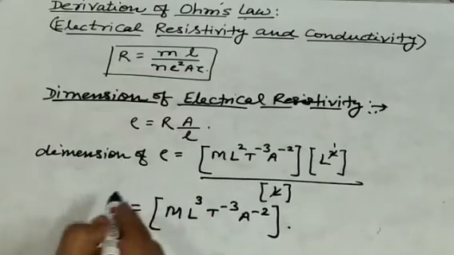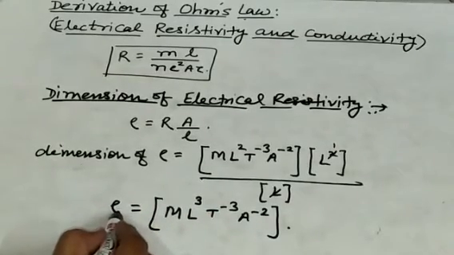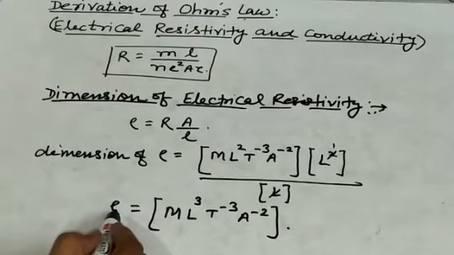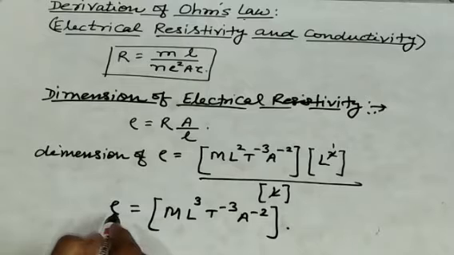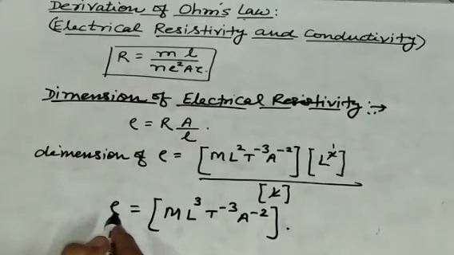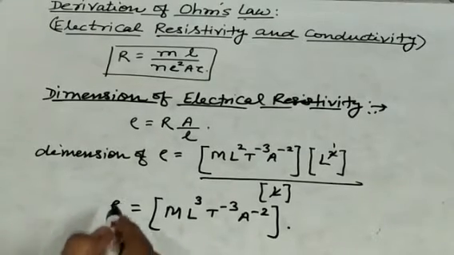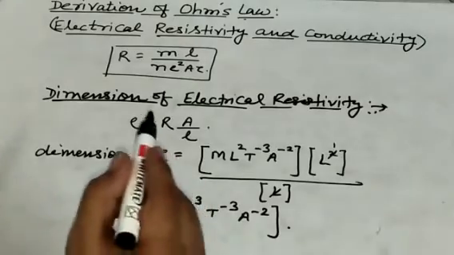And one more thing here, the specific resistance of a wire depends on the material of the wire. It means the resistivity or the specific resistance is the characteristic property of the material, and for conductors made of the same material, the specific resistance is the same.